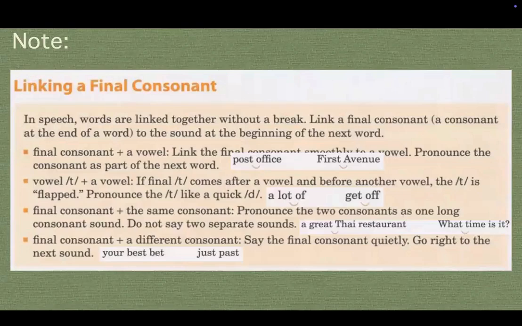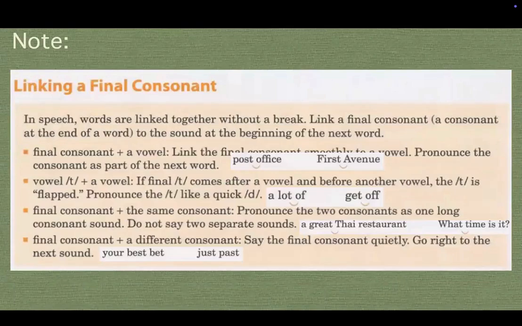If the final T comes after a vowel and before another vowel, the T is flat. Pronounce the T like a quick D. For example, a lot of. We pronounce the T like a quick D: a lot of, a lot of. Next we have get off. It becomes get off, get off.